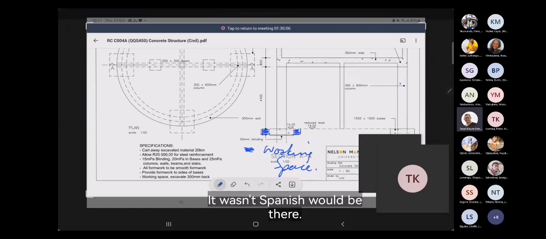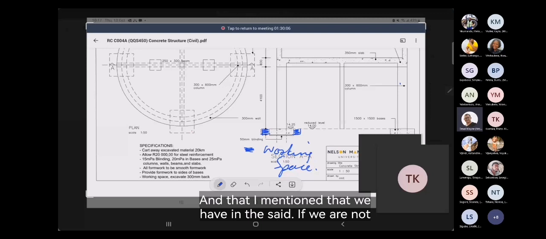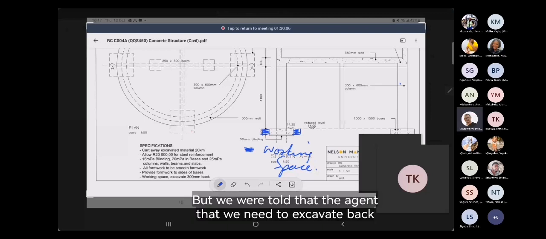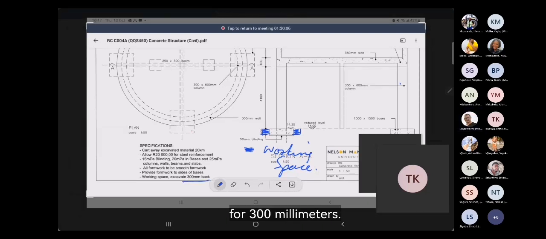Excavation, working space will be there. And the dimension that we are going to say, if we are not given the dimensions for the working space, we measure it in meters squared. But we were told that we need to excavate back for 300 millimeters.